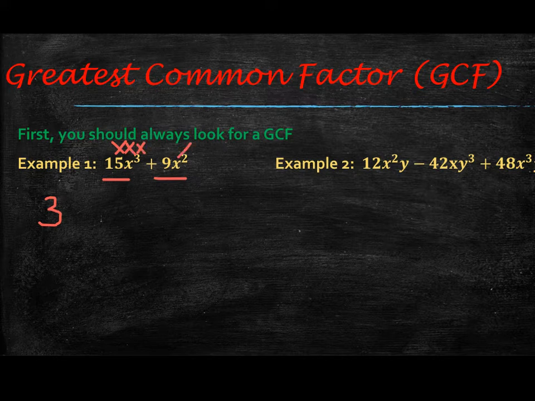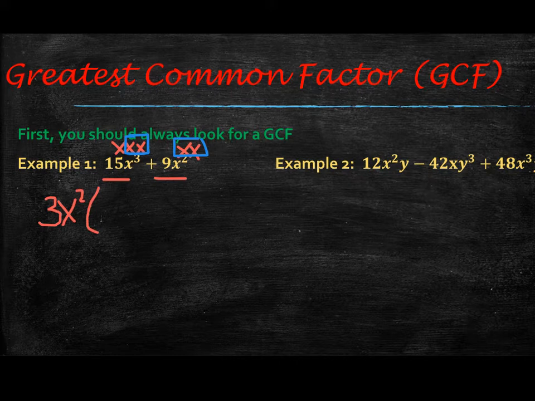X squared is x times x. We want to take the greatest number of x's that each one of them have. So each one of them has an x squared. So we're going to factor out 3x squared.